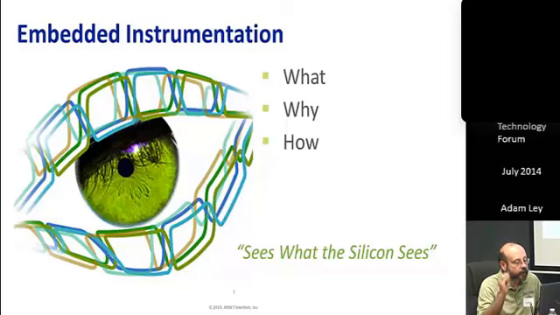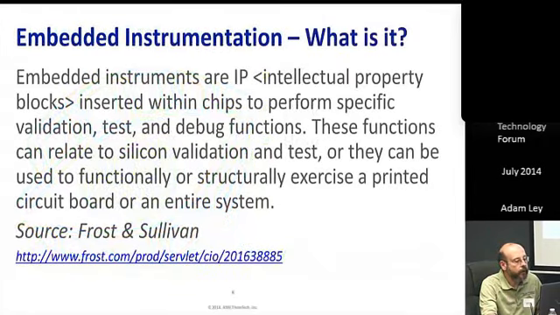More specifically, what is it? One definition I pulled from a report from Frost & Sullivan that you can access on the internet. But in a nutshell, embedded instruments are intellectual property blocks, what's often called IP, that are inserted within the chips to perform specific validation, test, and debug functions.